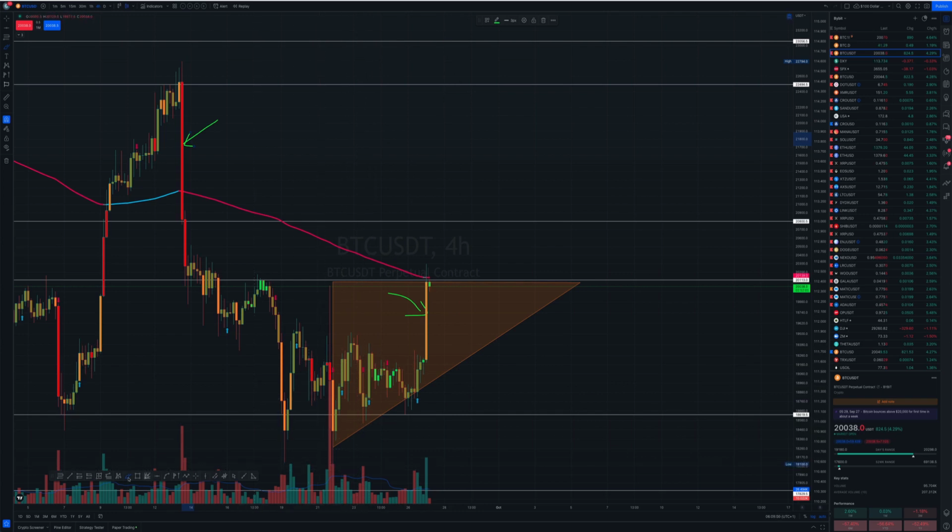If I take a fib from the bottom here to the top here, a price I'd be interested in taking a long at is 18,940. So if we come back down to test 19,000, I could be interested in taking a long, getting into this move that I missed.